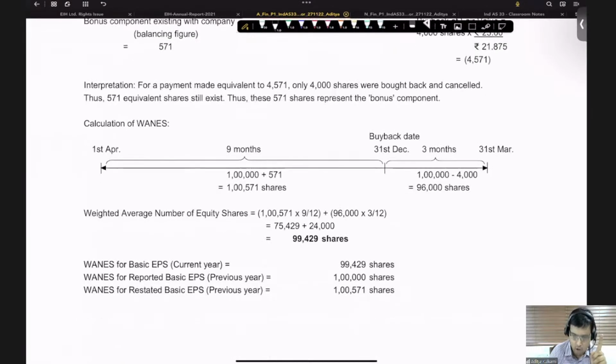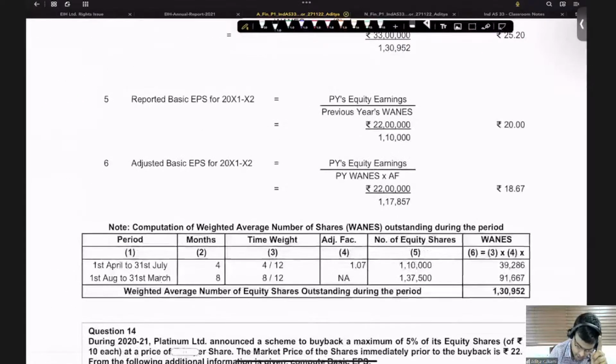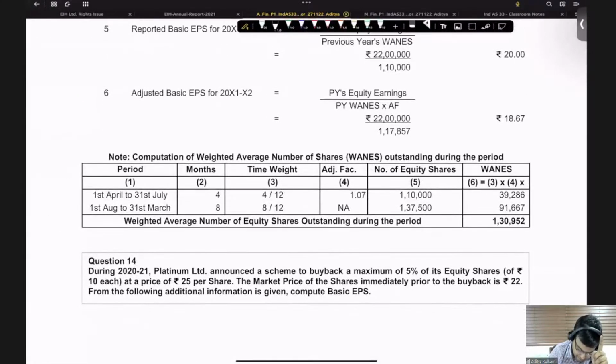So I'm leaving you with homework for the buyback also. Buyback is not directly there in the syllabus, but it is there in Ind AS 33. In the study material, I don't think there is a question on buyback separately. It is included as a part of Wayne's calculations only. There is a bonus component in buyback also.